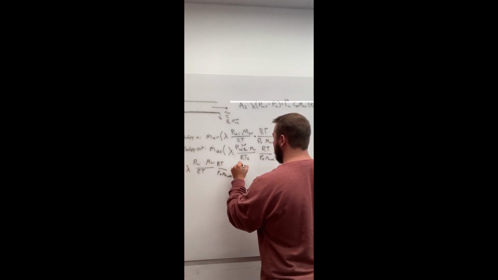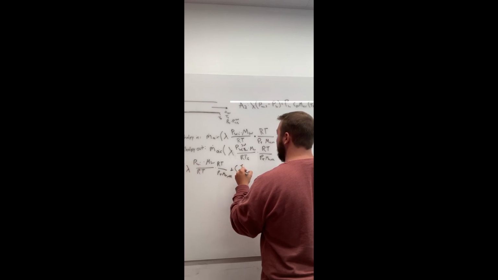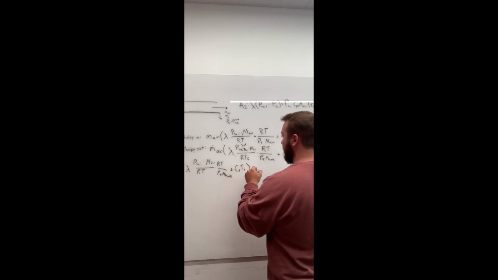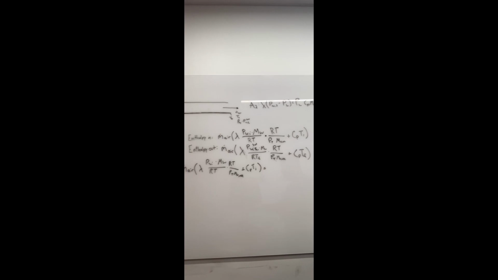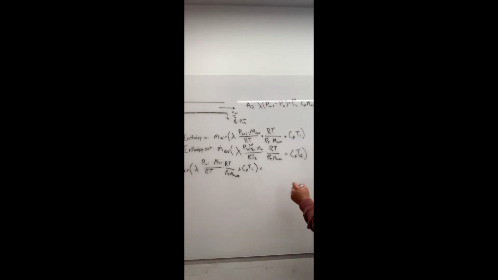Average plus CP, and then that whole thing is going to be equal to enthalpy out. So I'm just writing this out. Of course, a lot of these are going to end up canceling. I'm just rewriting what we have here and just setting them equal to each other.